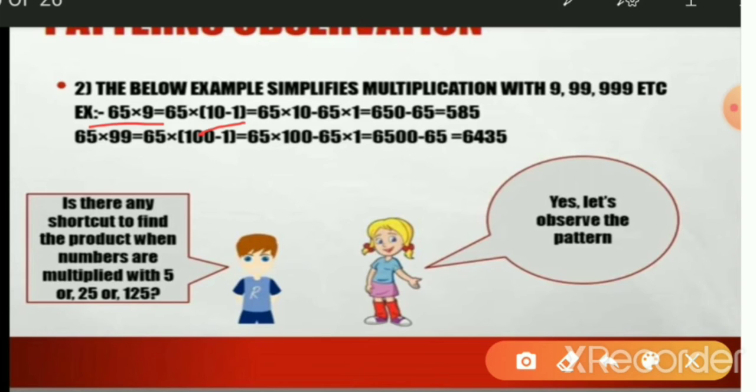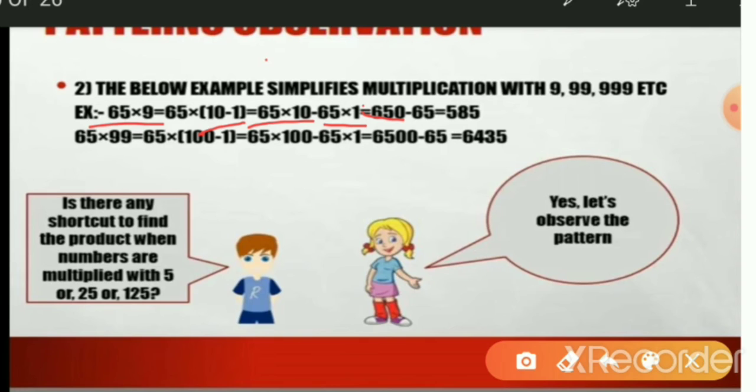So first we will multiply 65 with 10, that is 650, and after that minus 65. Means first we will multiply 65 with 10, then we will multiply 65 with 1. So 65 multiply with 10 minus 65 multiply with 1.